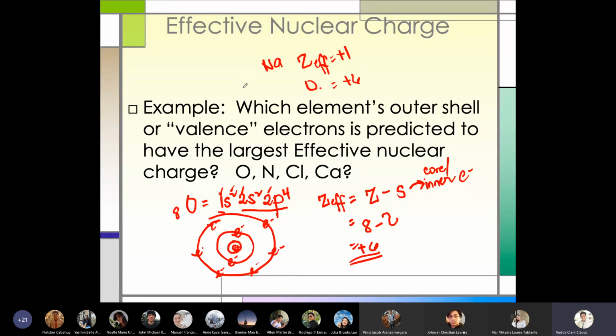All right, and this affects the atomic radius because the greater the pull of the nucleus on the electron cloud, the higher this value, the smaller your atomic radius will be. So higher ZEF, smaller radius. The smaller your atom will be, and the more difficult it will be to remove a valence electron. All right.